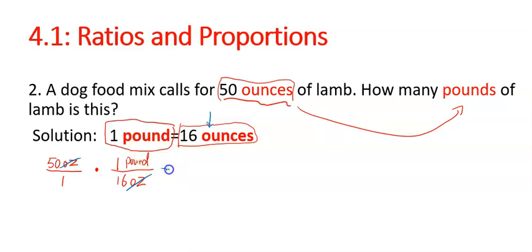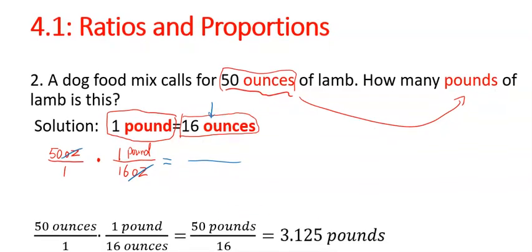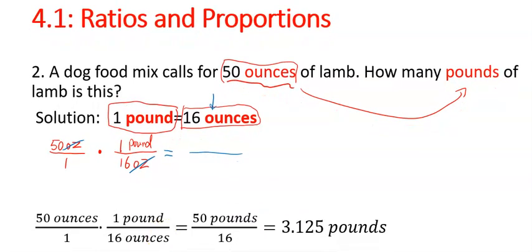So now we can multiply straight across, as you can see here. I actually already have it typed here, so we can go ahead and look at this. So we have 50 ounces as the numerator and 1 as denominator, and then 1 pound as numerator and 16 ounces as denominator. So notice that the ounces will cancel ounces. So now we can multiply straight across. So 50 times 1 gives us 50, and the pound, we just keep it.